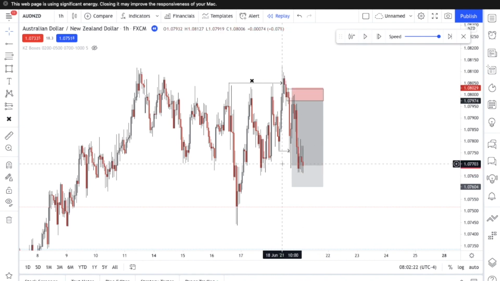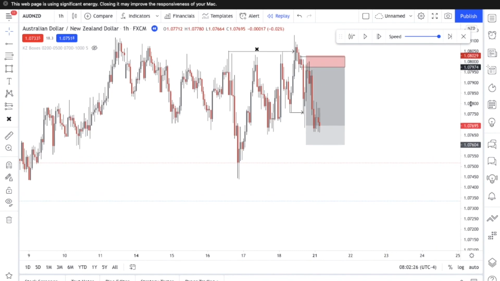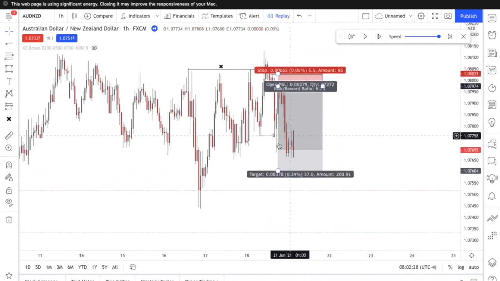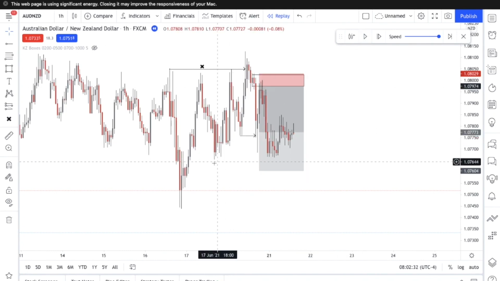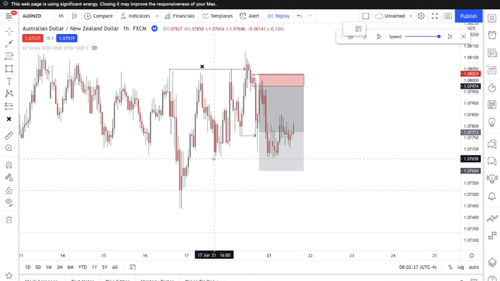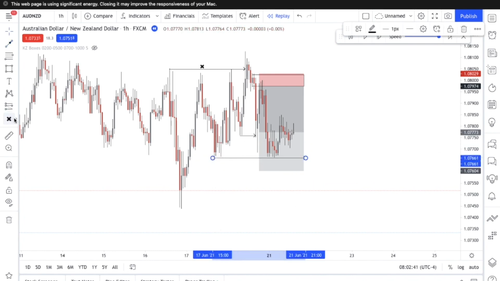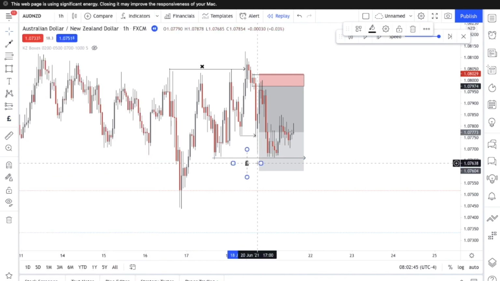Boom, we got that further break of structure, correct? Now once we got that break of structure again, let's play price a bit. Not only did we get a break of structure, but what did price leave right here? What is this? Equal lows, right? That is all liquidity in the market.